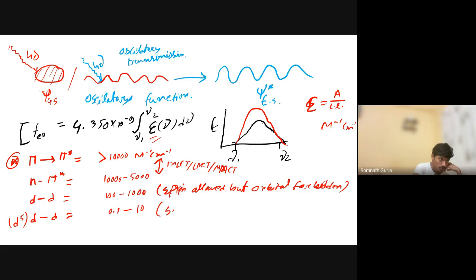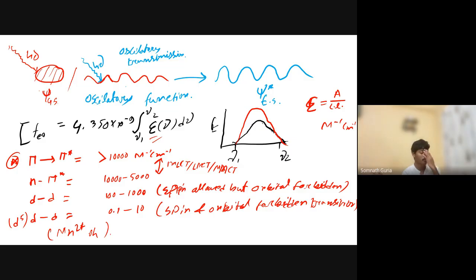This is a spin and orbital forbidden transition. We talked about that, manganese d5, that is Mn2 plus octahedral. This is spin forbidden as well as orbital forbidden.